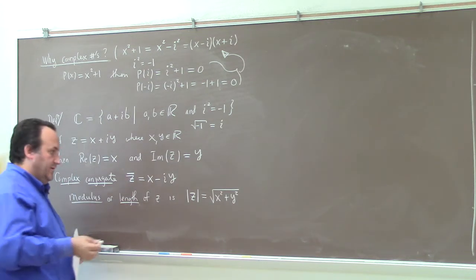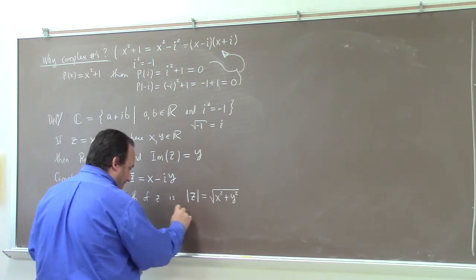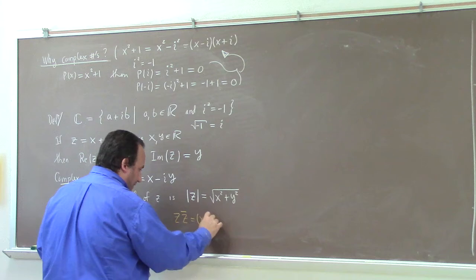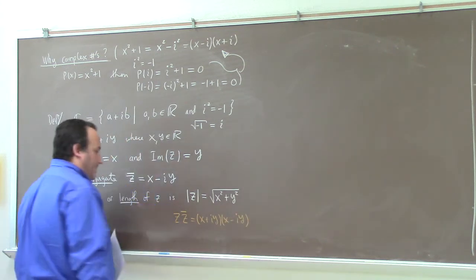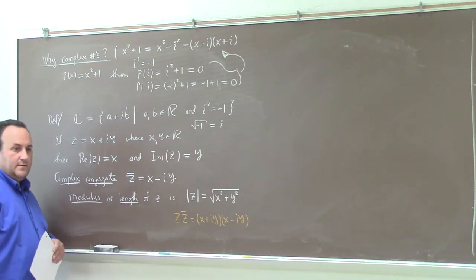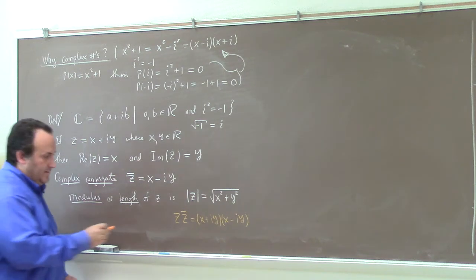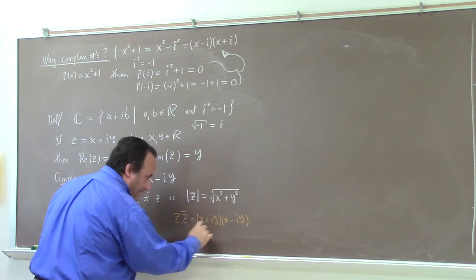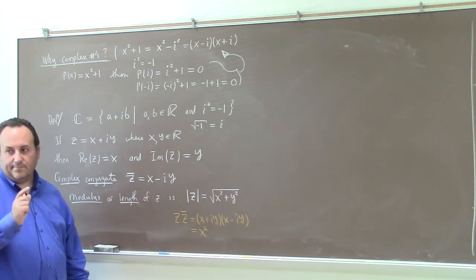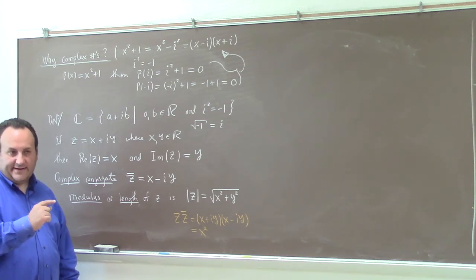However, there's another way you can write that. z z bar is x plus iy times x minus iy. If you multiply that out, what do you get? You get x times x, which is x squared. Notice that you get a plus iyx and a minus iyx, so the yx terms cancel.